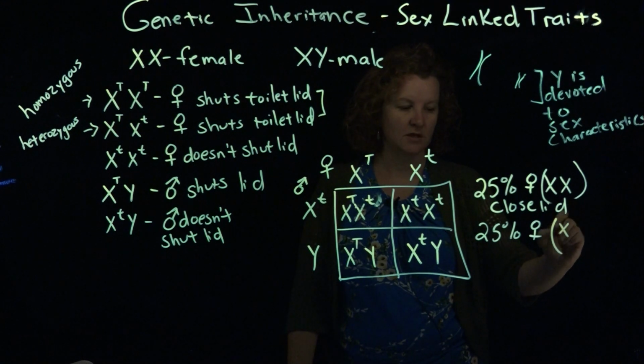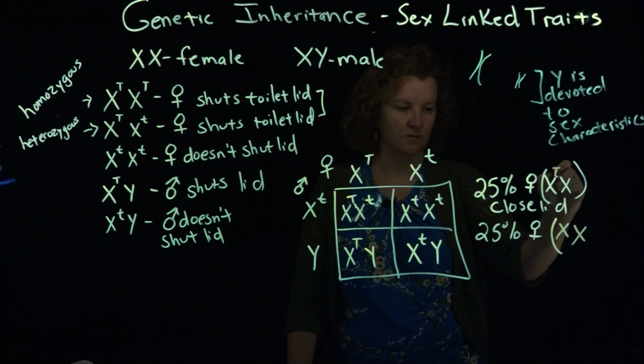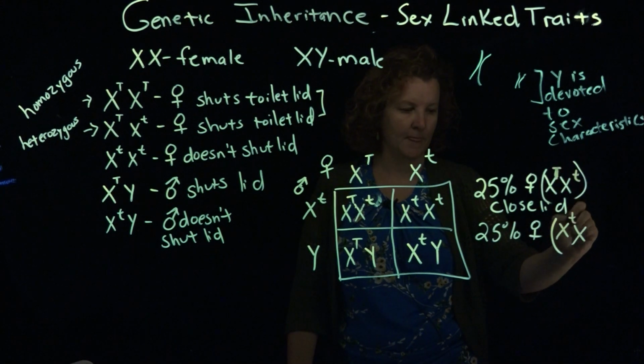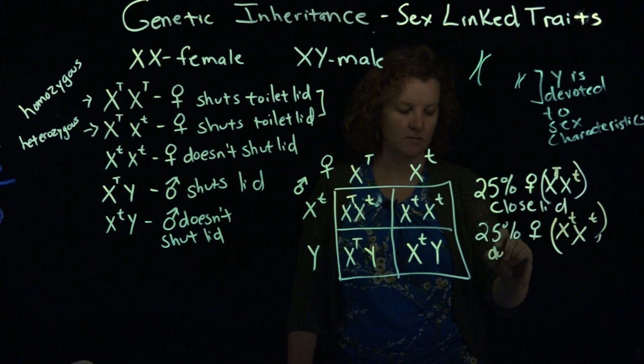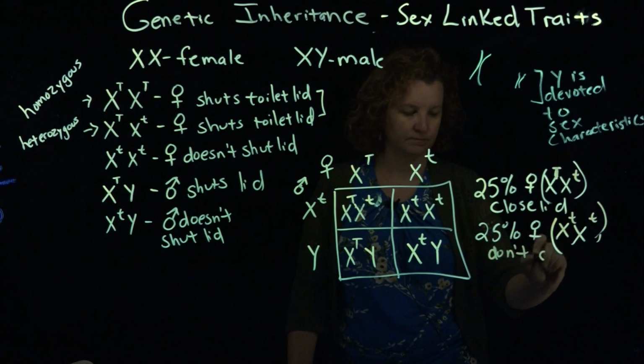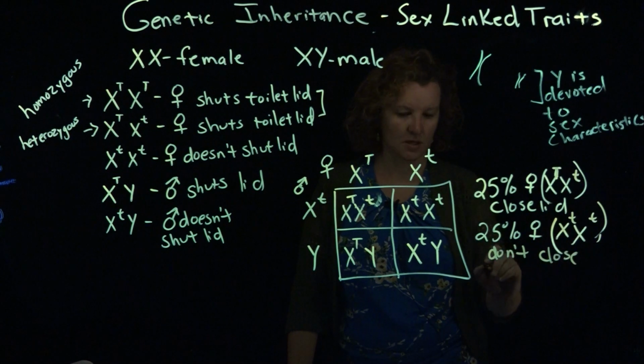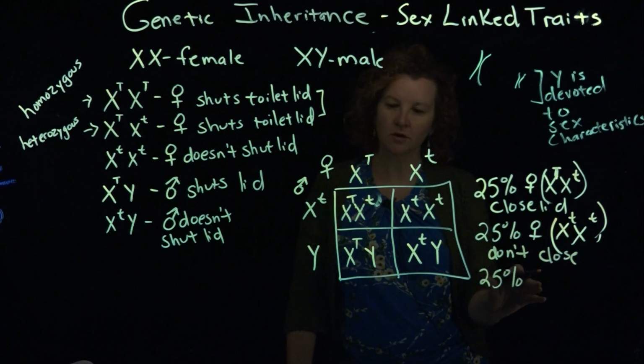So 25% of daughters, and let me track these over here. 25% of daughters don't close the lid. And then you're going to get 25%. So it's just the interpretation's a little more complex.